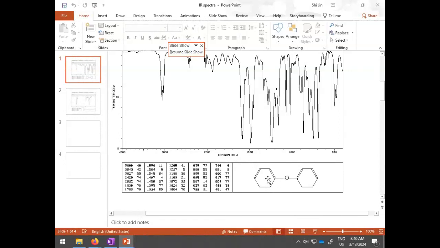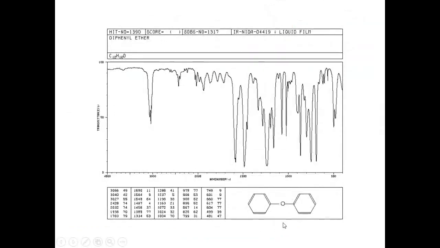If the ether carbon, like here, this is the ether carbon, is sp2 hybridized, then you expect this CO single bond stretching frequency will go a bit higher, generally above 1200 reciprocal centimeter.